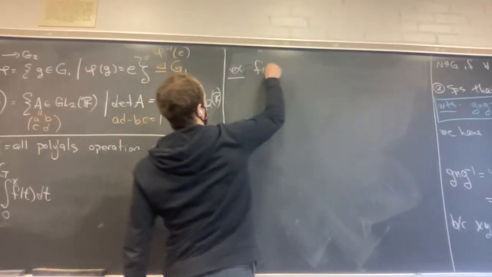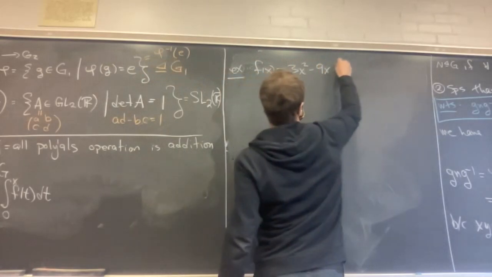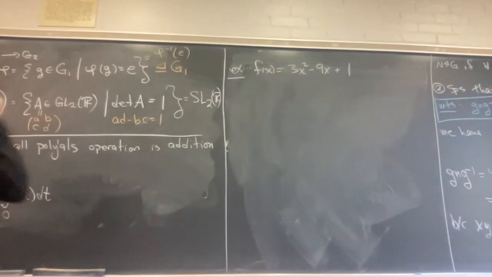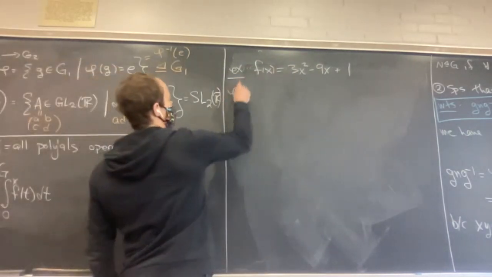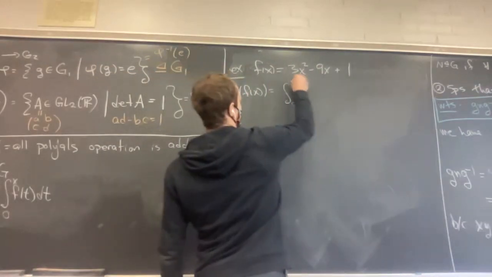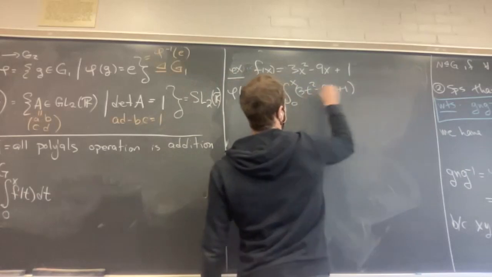Let's take f of x equal to 3x squared minus 9x plus 1. That's a polynomial, right? So now let's calculate phi of f of x. That's going to be the integral from 0 to x of 3t squared minus 9t plus 1.